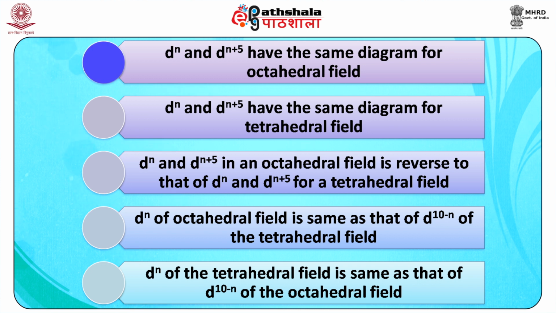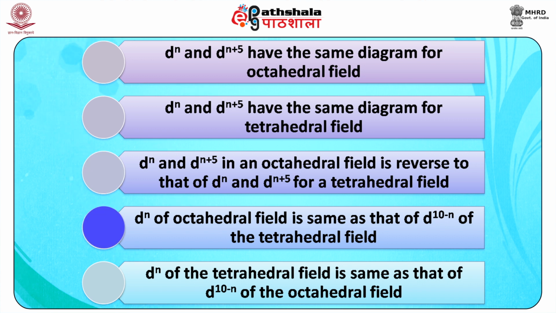Dn and dn plus 5 have the same diagram in the case of an octahedral field. Dn and dn plus 5 have the same diagram for the tetrahedral field. Dn and dn plus 5 in an octahedral field is reverse to that of dn and dn plus 5 for a tetrahedral field.